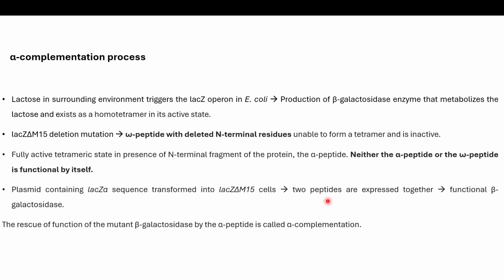When the alpha peptide and the omega peptide with the deleted N-terminal part are expressed together, a functional beta galactosidase is formed, and it will be able to catalyze the breakdown of lactose. The rescue of function of the mutant beta galactosidase by the alpha peptide is called alpha complementation.